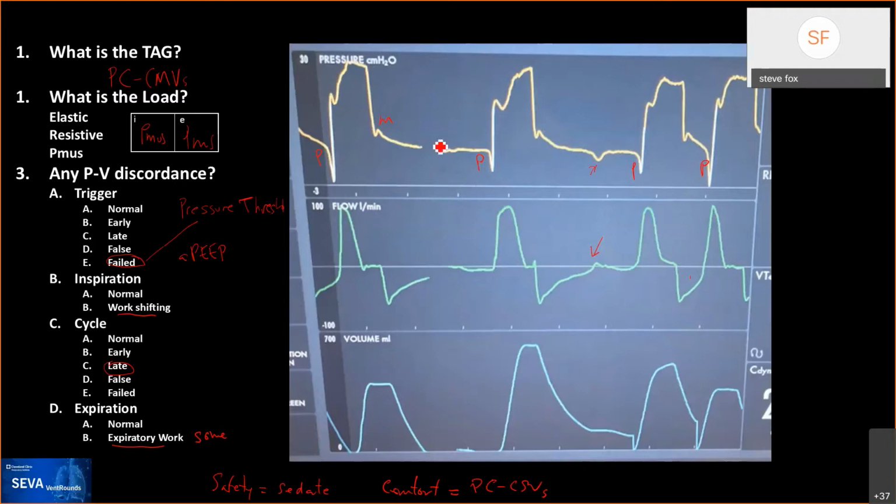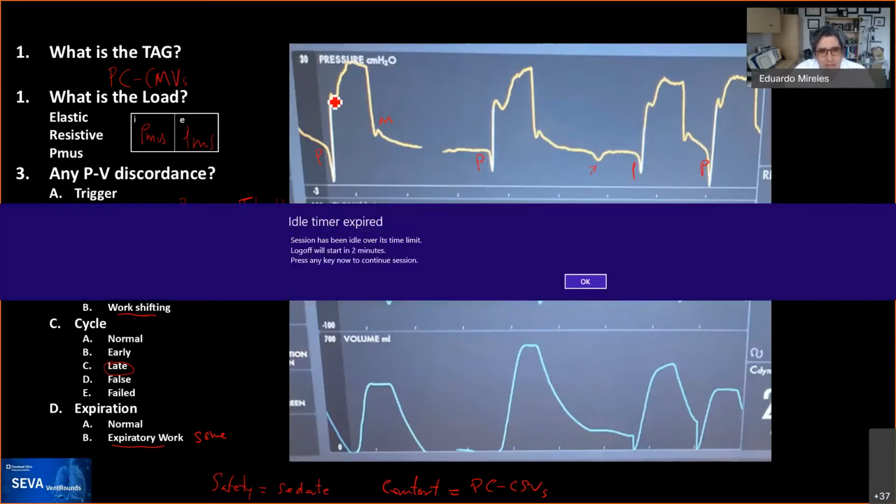Yeah, so this is a classic challenge. In terms of work shifting, I think that definitely the patient is doing inspiratory work, right? But the machine is triggering immediately, and it goes up. Now, whenever I'm looking at these waveforms, it's useful for me to know what the set inspiratory pressure was.